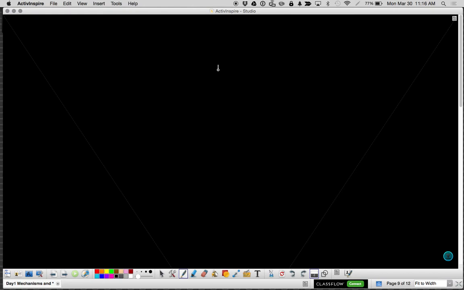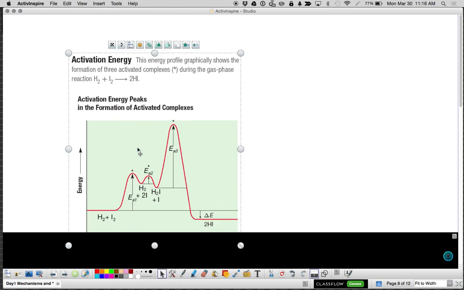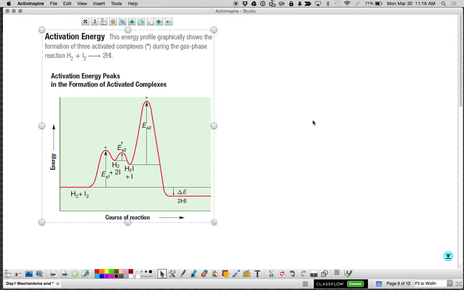All right. So here's another example. You probably saw this one in the textbook and were a little confused as to what was going on. So this is our same old reaction, H2 plus I2 yields 2HI.